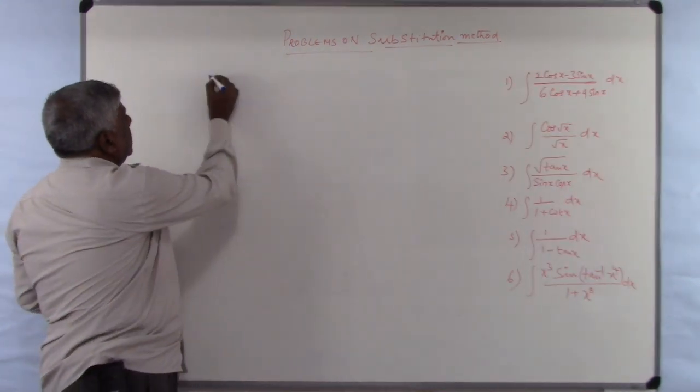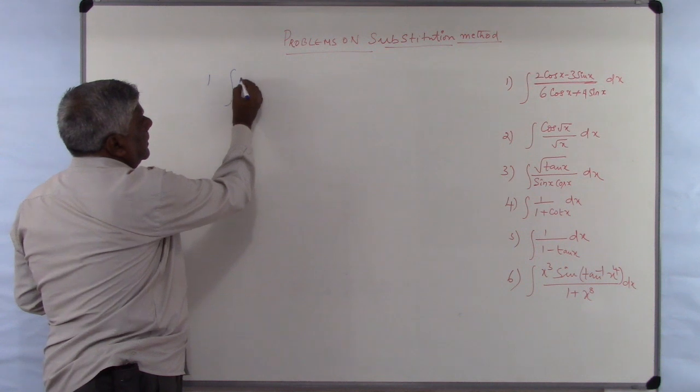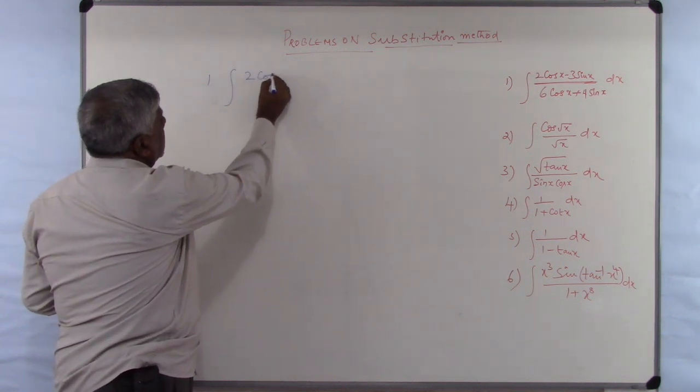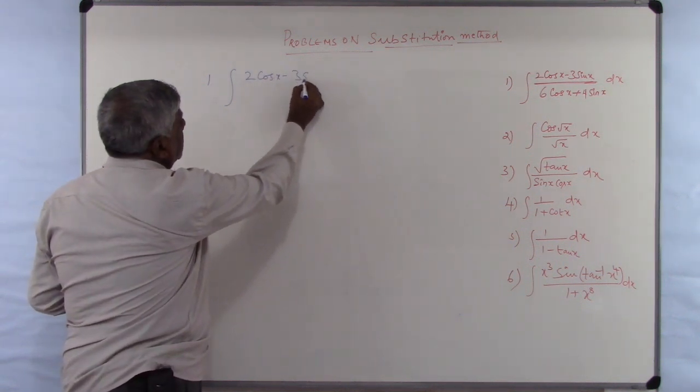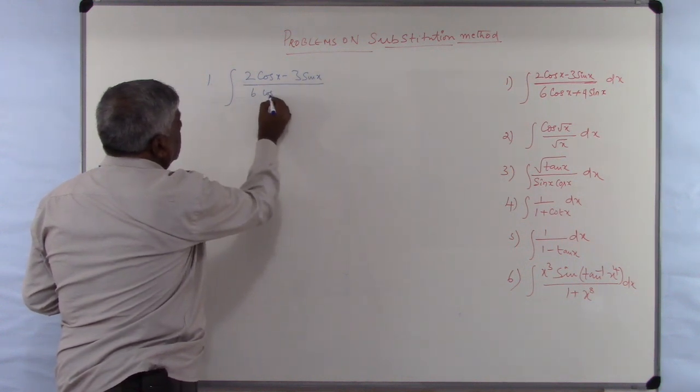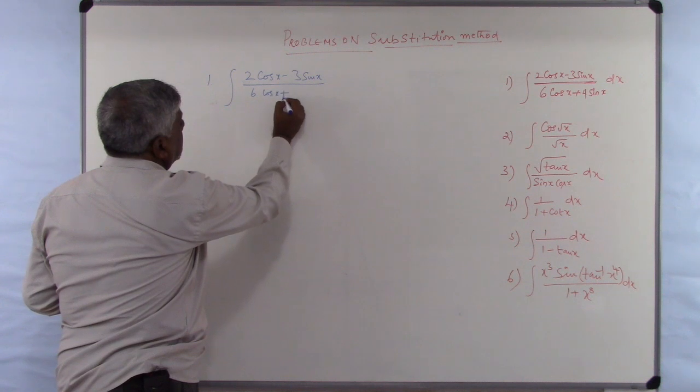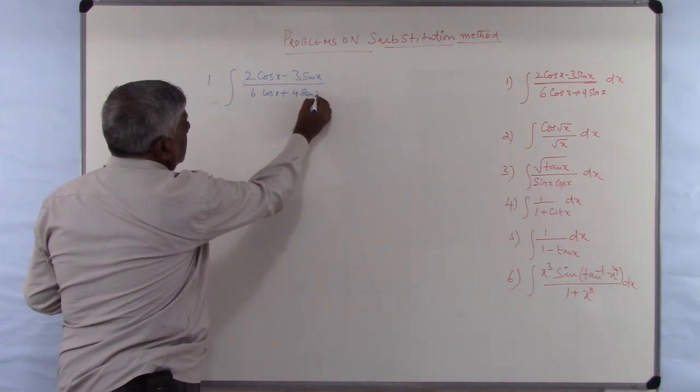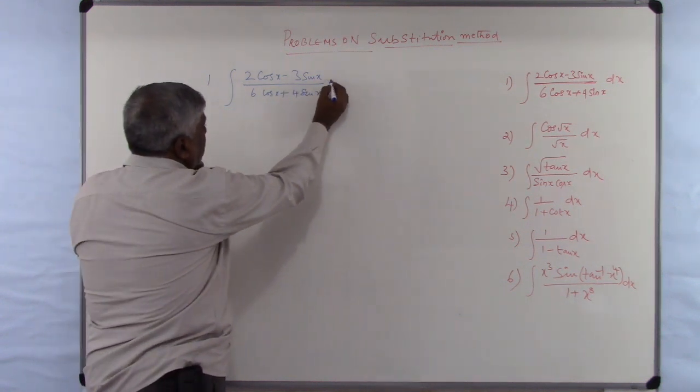Now we will see the first problem here. Integral of 2 cos x minus 3 sin x divided by 6 cos x plus 4 sin x dx.